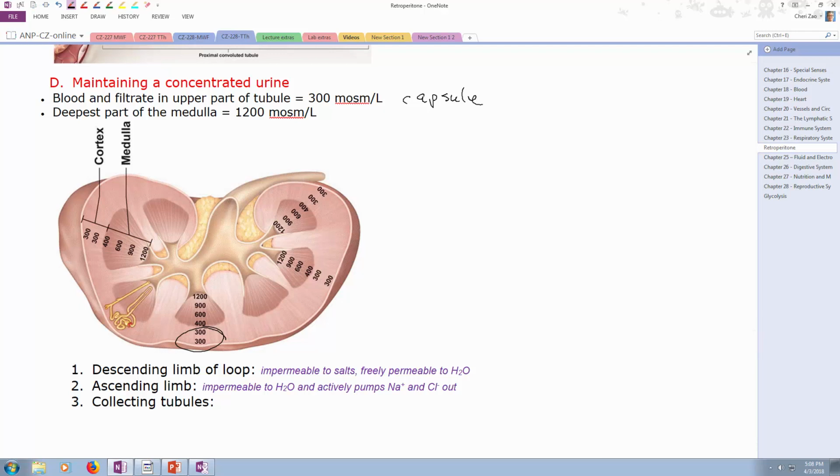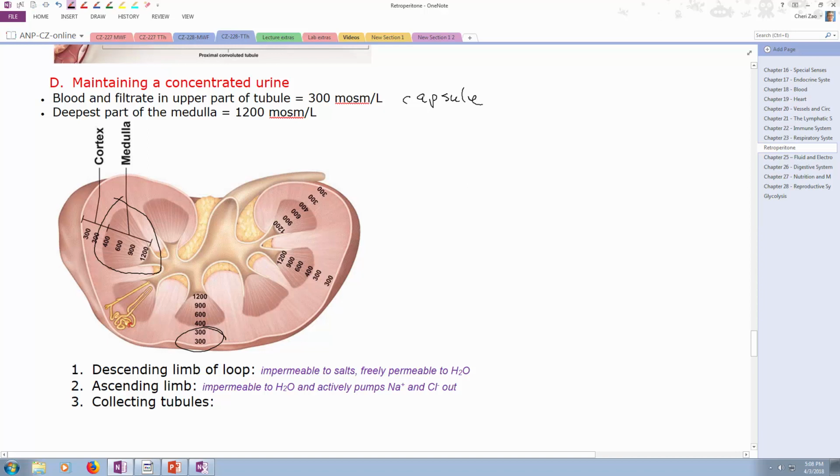Now take a look at this concentration gradient as we go down a pyramid to the papilla of the pyramid. We go to 400, to 600, to 900, to 1200 milliosmoles. That's like going into a salt mine. It's the saltiest place that you could ever want to be.